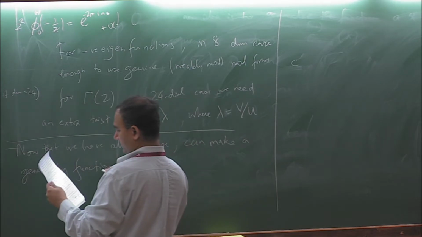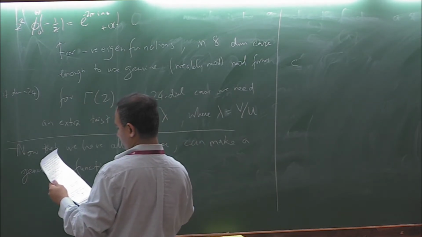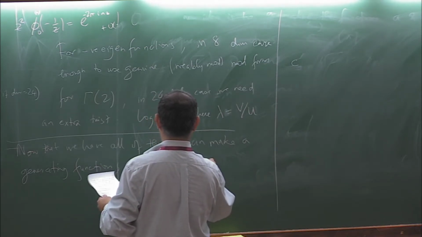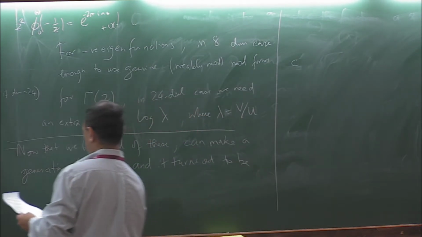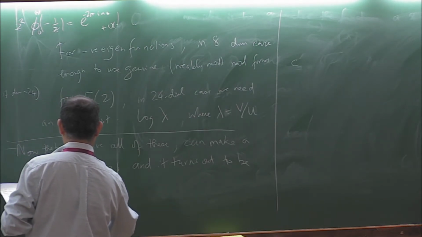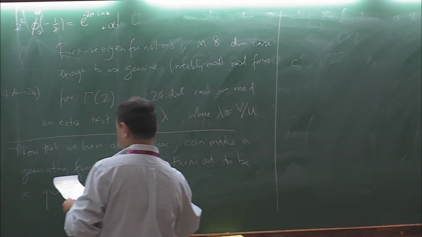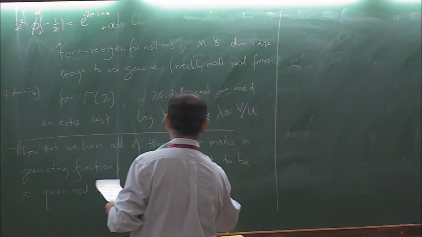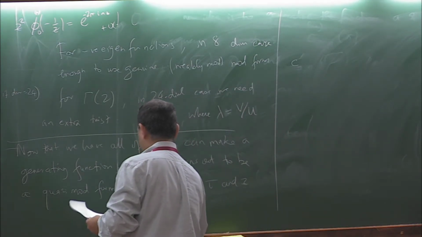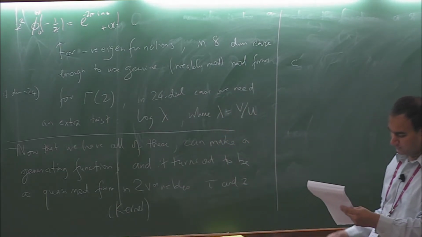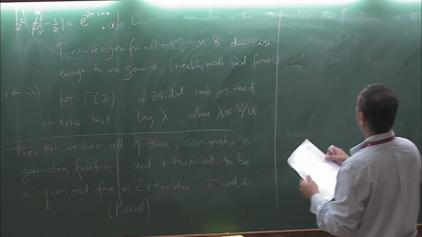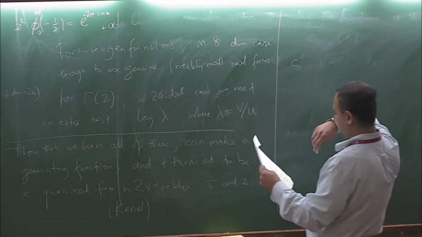So you get a two-variable kernel, and it turns out to be a quasi-modular form in two variables, tau and z. We just call it some kernel. They're different from the positive definite kernels. But that's roughly how you get at these functions, and you combine them.